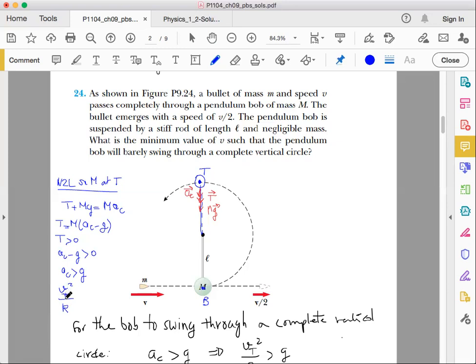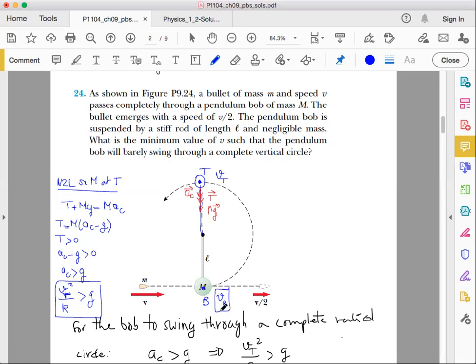So we end up with v_T squared over R should be greater than g. From this equation, we're going to extract the minimum value of the speed of the bullet. The speed of the bob at point T we can get from point B, because we know the speed of the bob at point B.